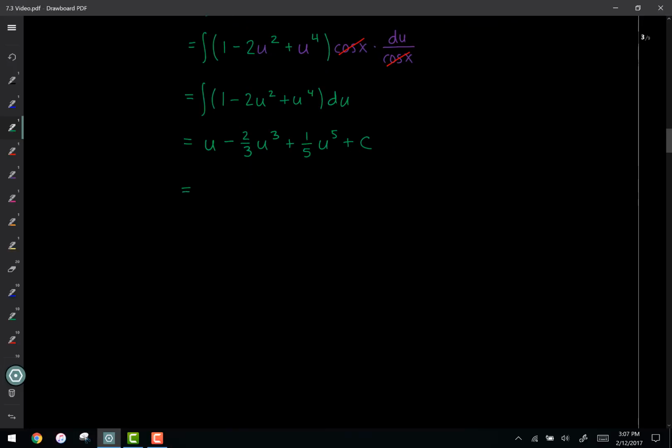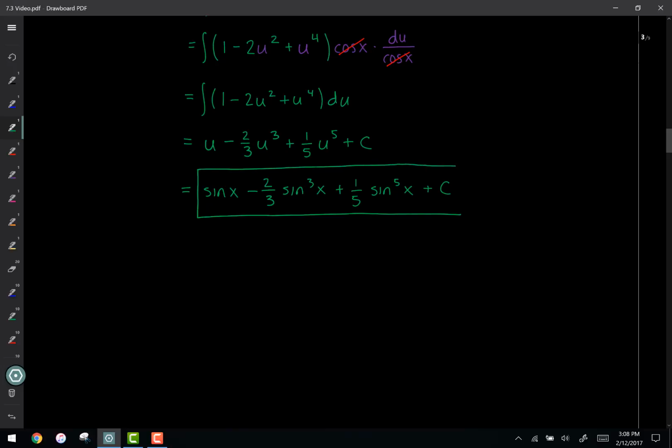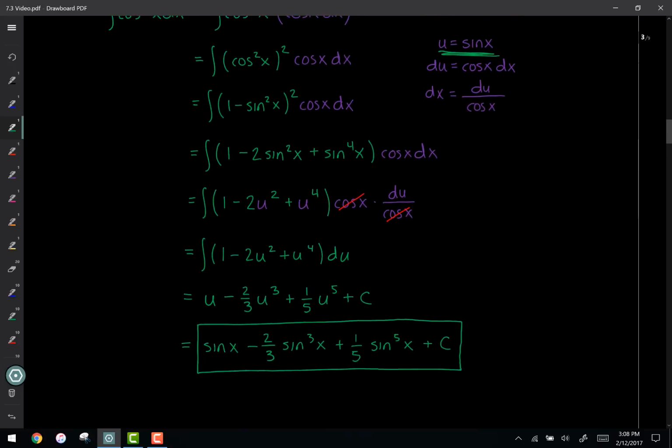So u was sine of x, so we're going to have sine of x minus 2/3 sine cubed x plus 1/5 sine to the fifth x plus c. And there is our antiderivative.